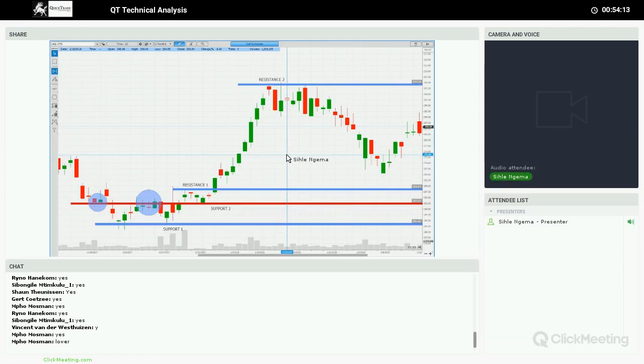Is there anyone that is having a problem identifying my supports and my resistances on the chart? Are there any questions on the upward, the downward, and the sideways trends that we have on our charts?